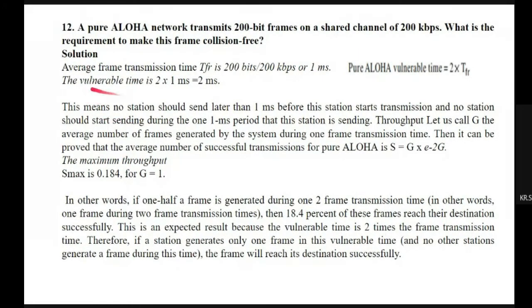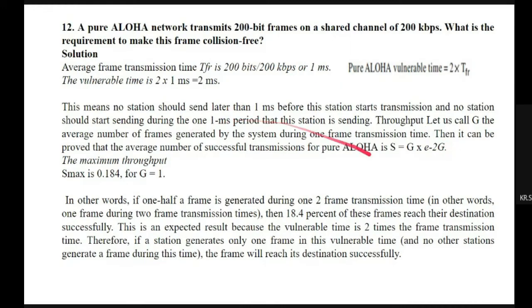See here, the final vulnerable time is 2 ms. So the final formula is pure Aloha, and the vulnerable time is 2 into T_fr. So this means no station should send later than 1 ms before the station starts the transmission. So the final Aloha S value is G into e power minus 2G.